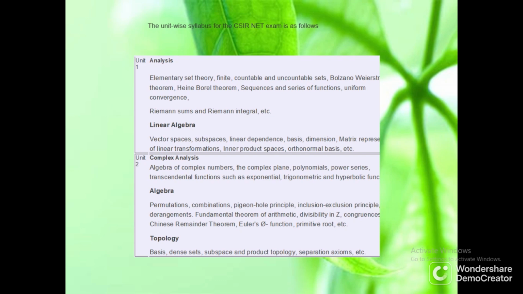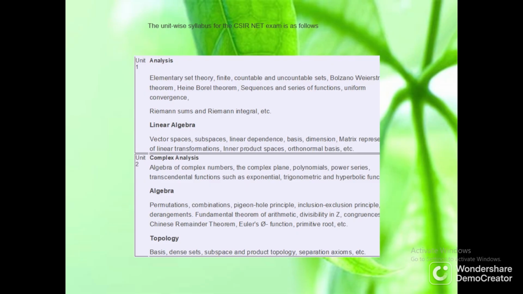There are many questions in this section at the BSc level. Then linear algebra, especially vector space, subspace, linear dependence, basis, dimension, metric space, linear transformation, inner product space, orthogonal basis, etc.